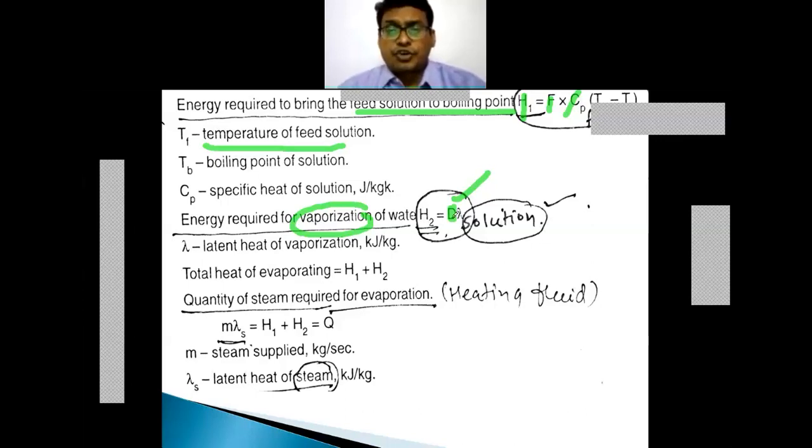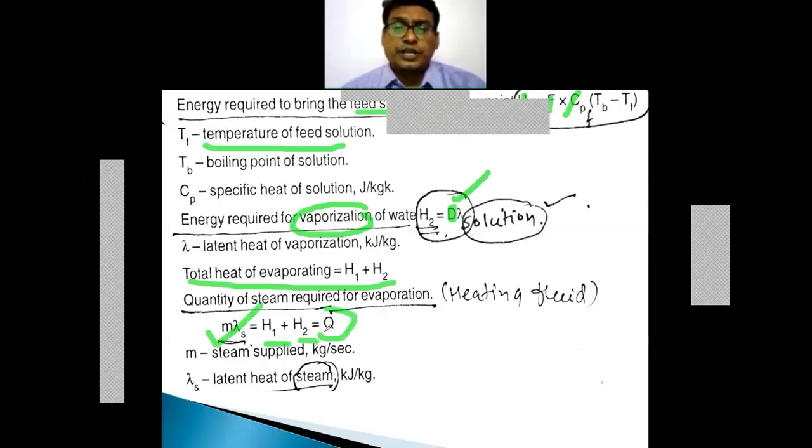Lambda is the latent heat of vaporization. So total heat of evaporation is H1 plus H2. The quantity of steam required for evaporation, m lambda, is considered to be taken as Q, the total heat.